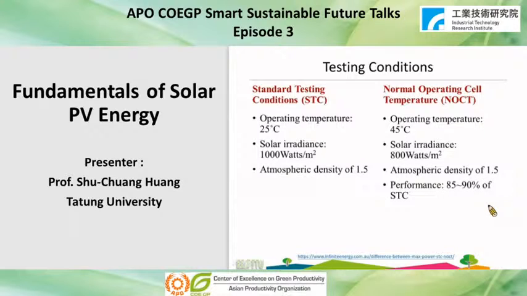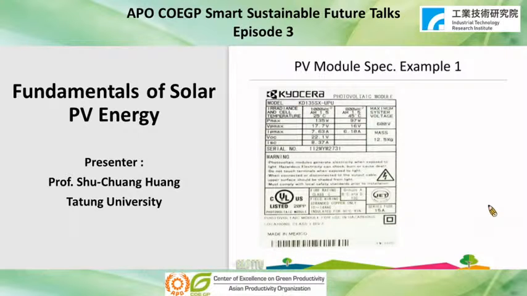So the overall performance is about 85 to 90% of STC. It is a more realistic field condition. So typically in the spec of the module, you may have the spec given in these two conditions.